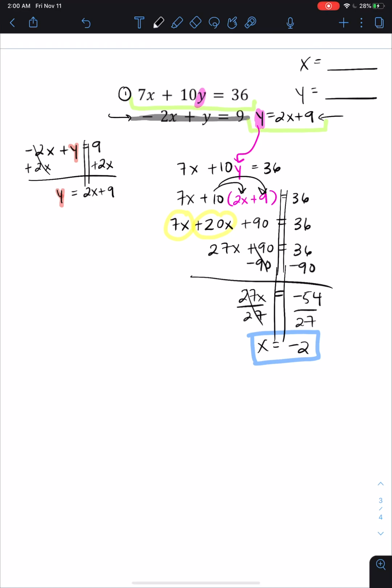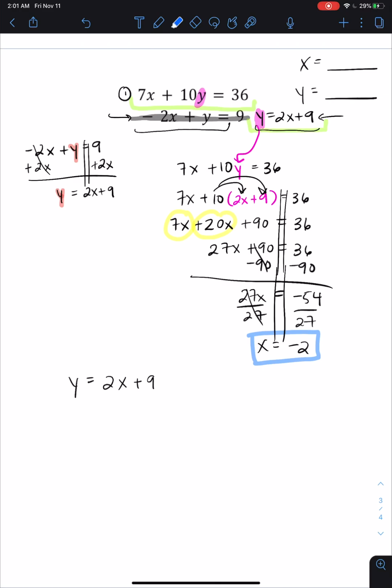So again, you can use any of the equations, but the second one manipulated seems the most advantageous, or least complex, because we already have it in the form y is equal to 2x plus 9.